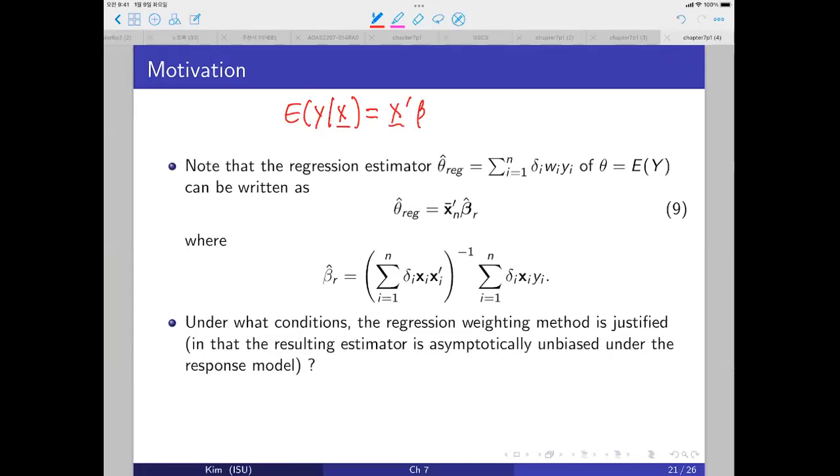Under this model, the regression estimator is justified. That is one sufficient condition, but that is not the only assumption that justifies this estimator. So basically we want to say that either this assumption is true or another assumption is true, and the estimator is unbiased. And what is the other one? That is on the next page.